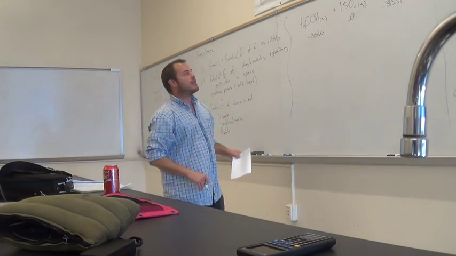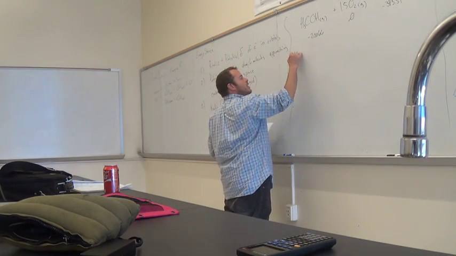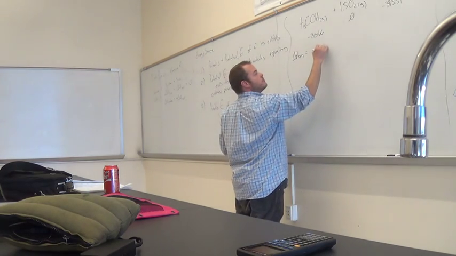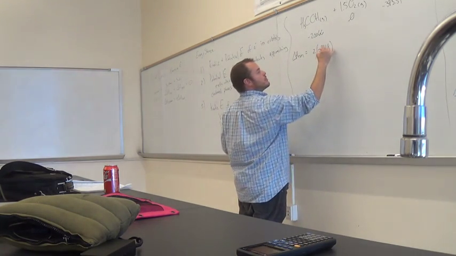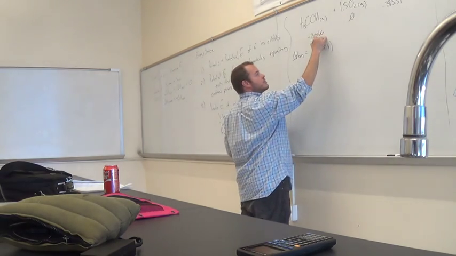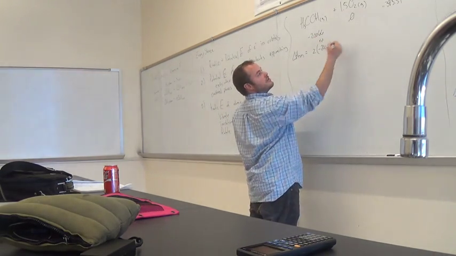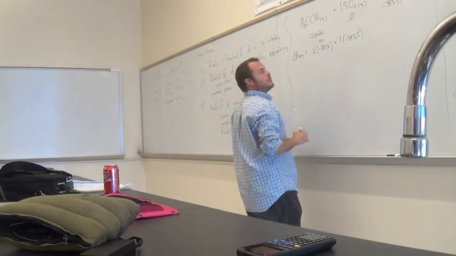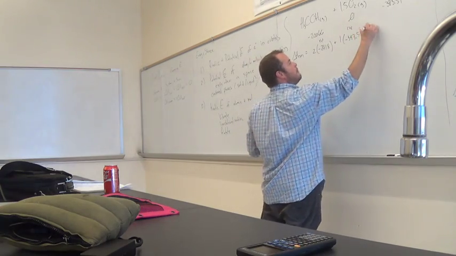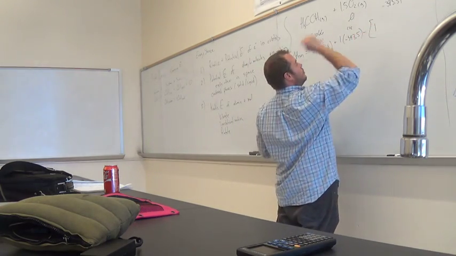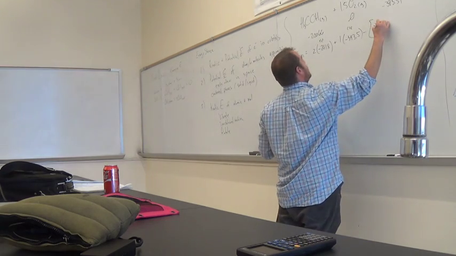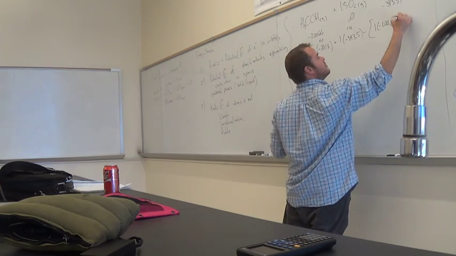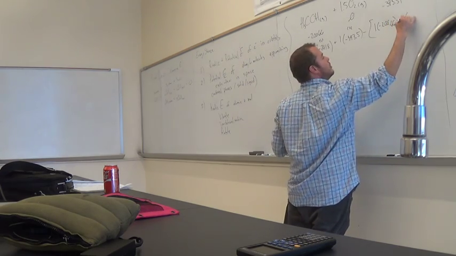So you could do a quick calculation, and you could say delta H of the reaction is equal to 2 times negative 241.8, which accounts for the water. So that's your H2O. Plus 1 times negative 393.5, which is your CO2, minus 1 times negative 200.66 plus 1 times 0.